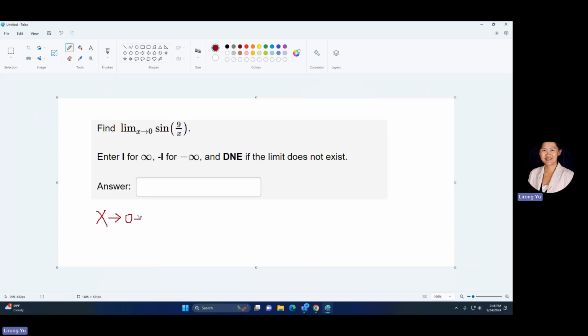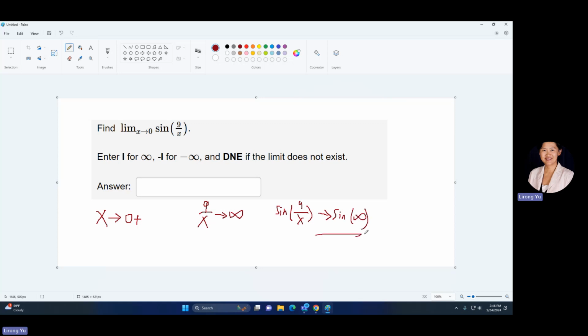So let's see if x approaches 0 from the positive side. Then 9 over x will be approaching positive infinity. And then sine of 9 over x will be like calculating the limit of the sine of infinity. And that we do not have.